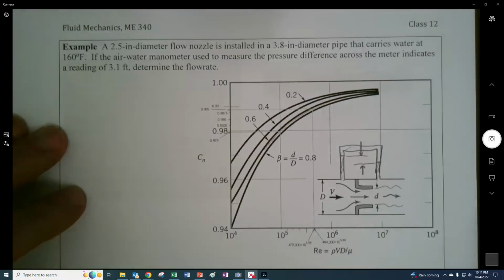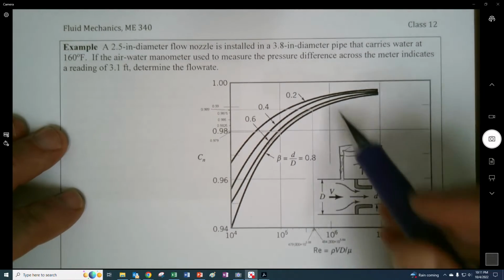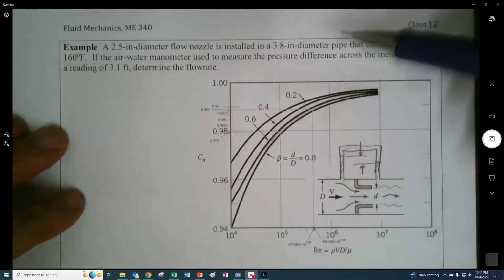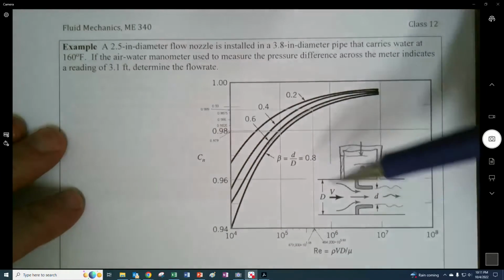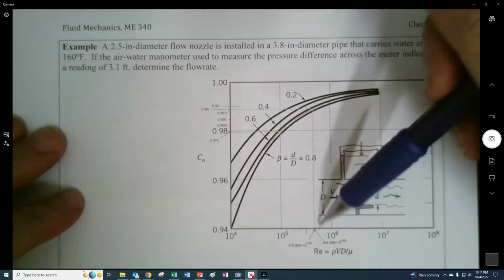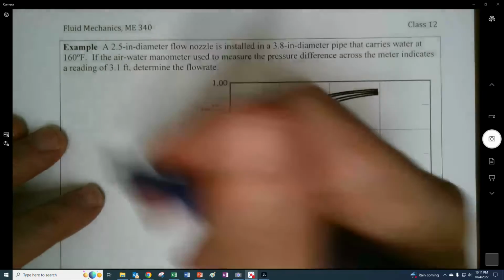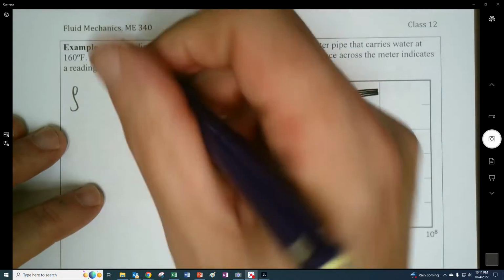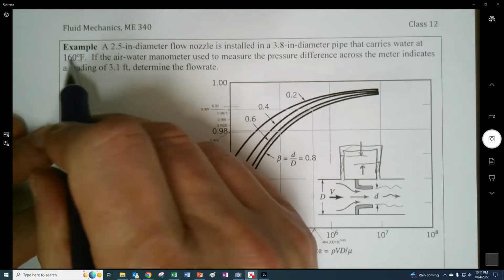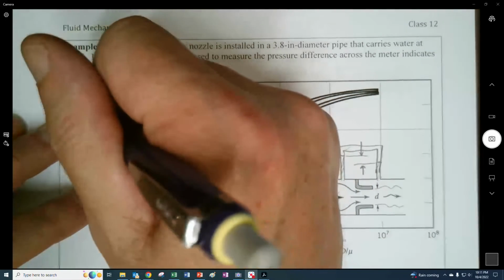All right. So we want to determine the flow rate, and this also requires iterations. You can see I've already marked up this thing from a previous work. We will look up this particular temperature, because we want to adjust for the temperature.